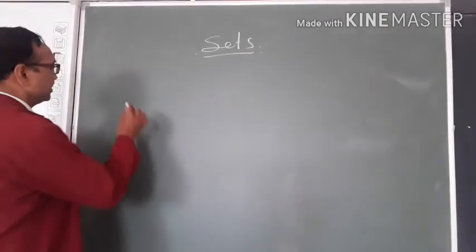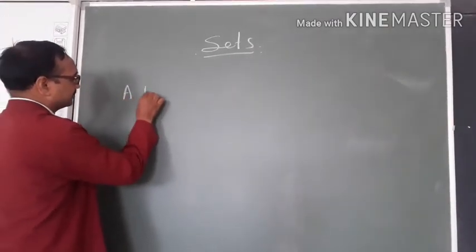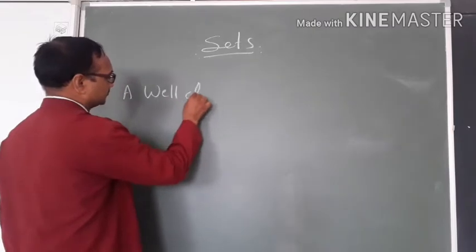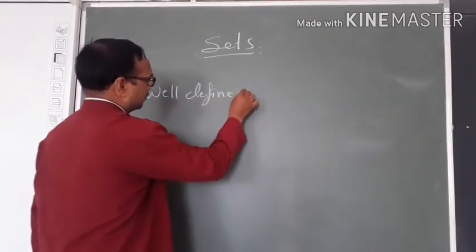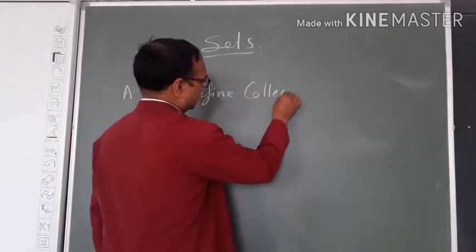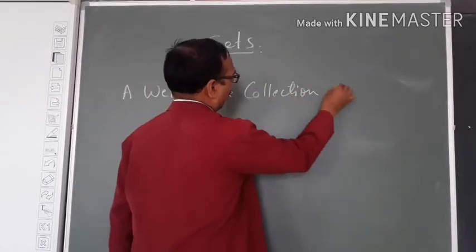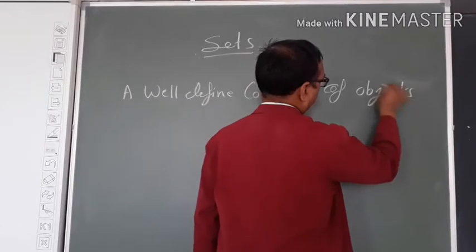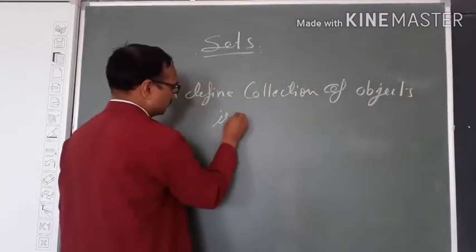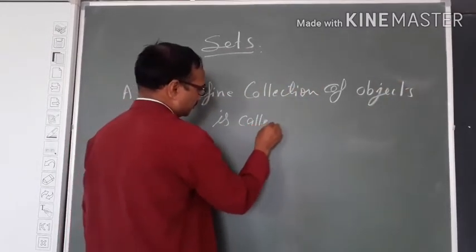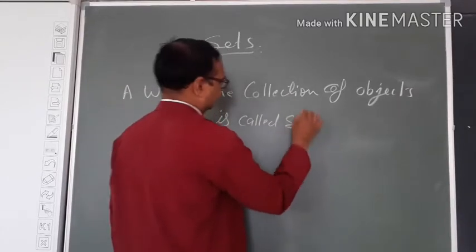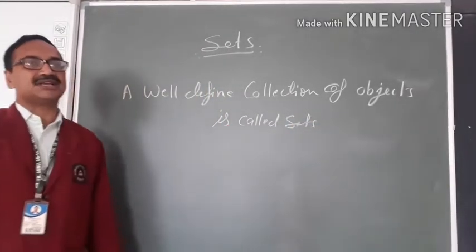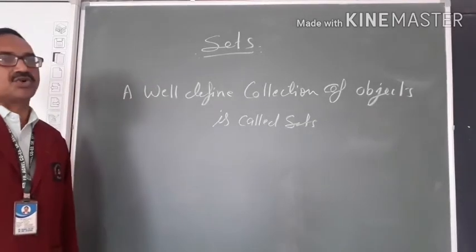So in mathematics, a well-defined collection of objects is called a set.